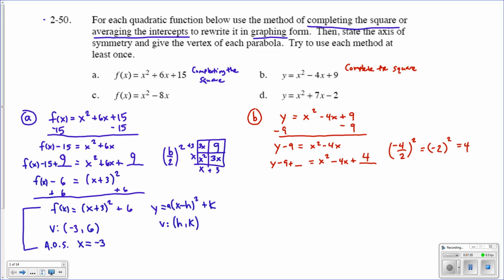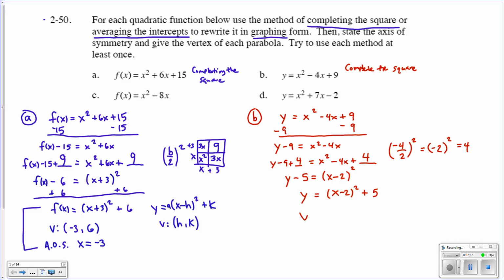So I'm adding 4 to the right side and adding 4 to the left side. y minus 9 plus 4 is going to give us y minus 5. This side should factor into x minus 2 squared. And then we're just going to add 5 back to each side here to get y equals the quantity of x minus 2 squared plus 5.